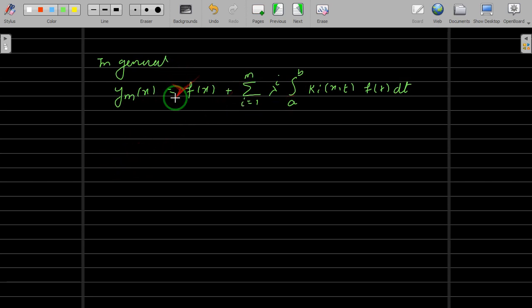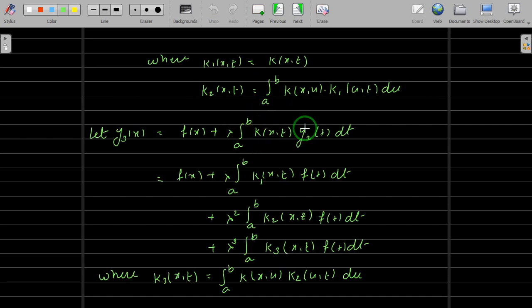So again, since we have written it in general, let me write where this k_i of x comma t will be integral a to b k of x comma u, k3 is k of x comma u, k2 is k of x comma u, k1.